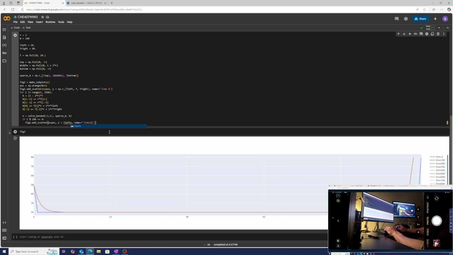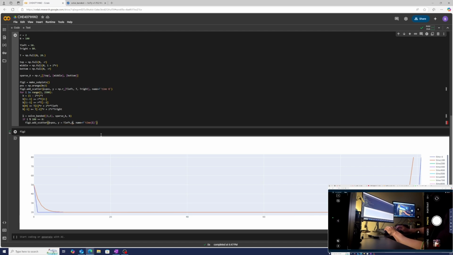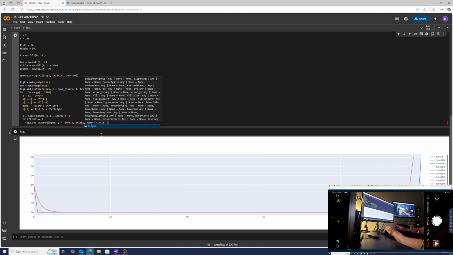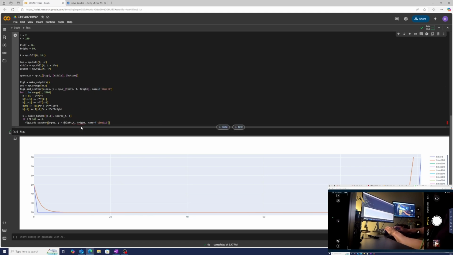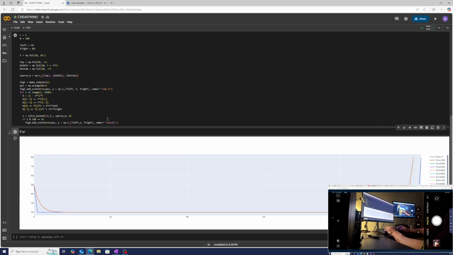Our bottom part, t left, x, this again is going to be a row concatenation. Getting a little closer. So as you can see, it's starting to change slightly.